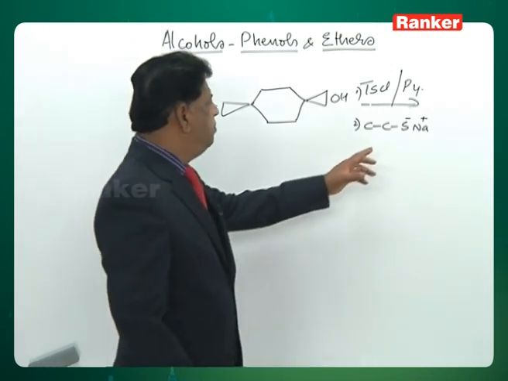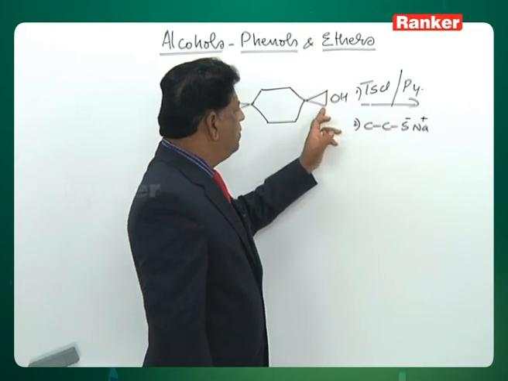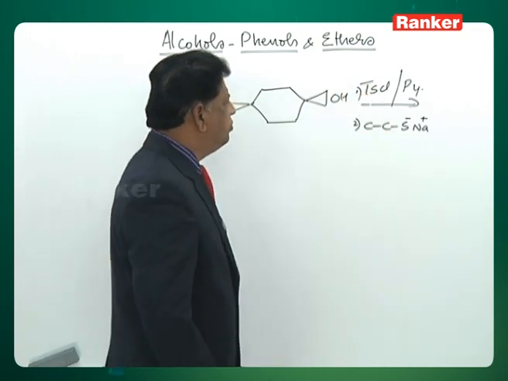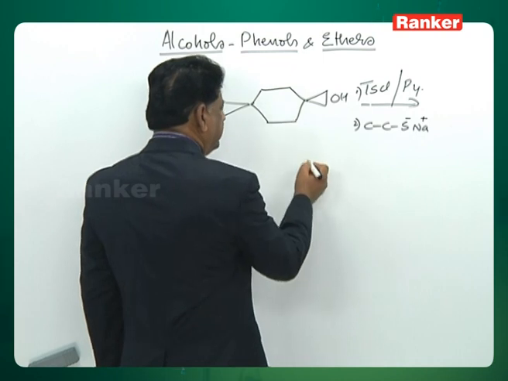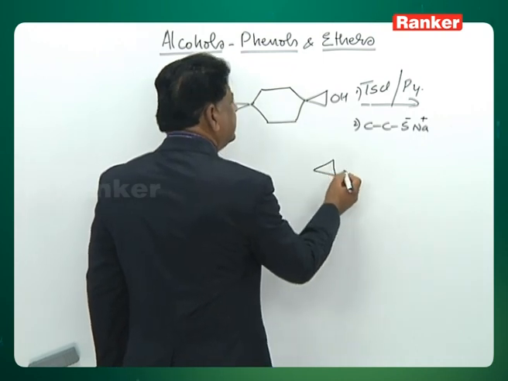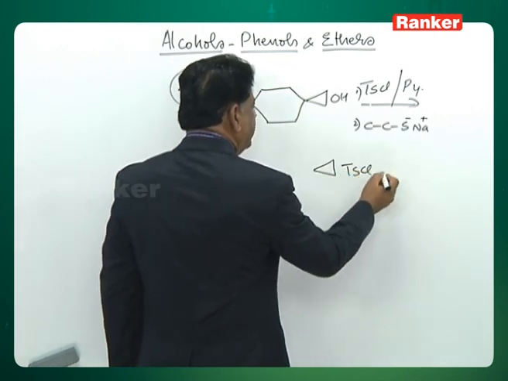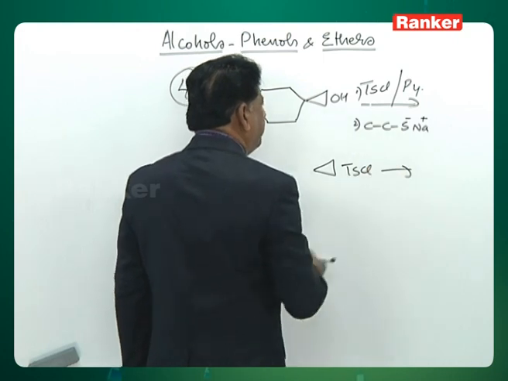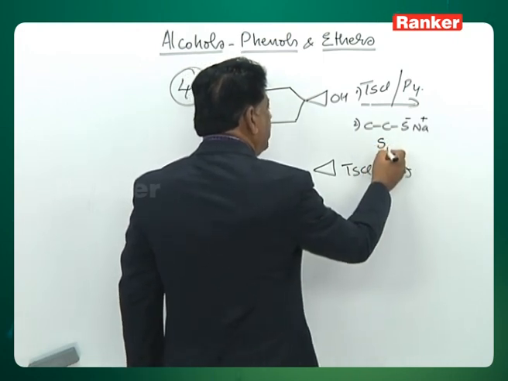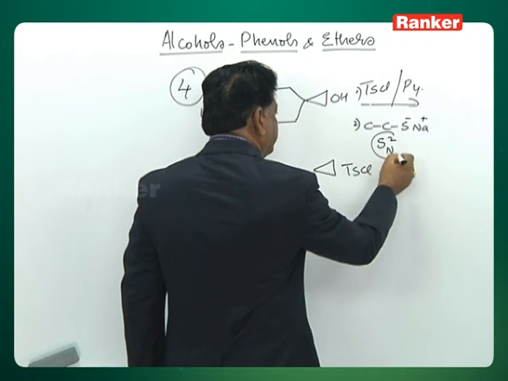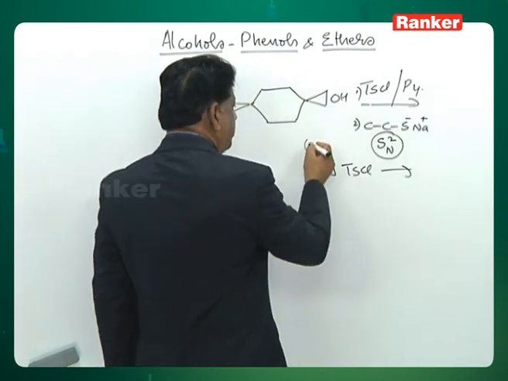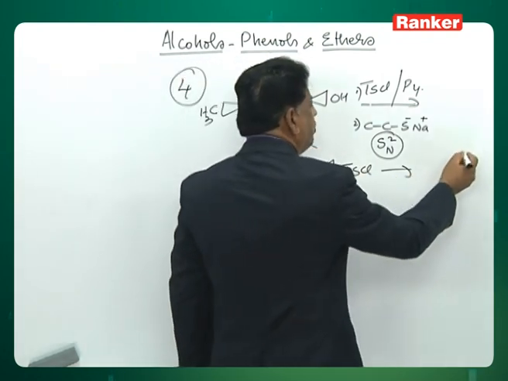This is going to replace the OH. Directly it cannot, but once this group becomes tosyl, so probably this reaction leads to TsCl, and then when it is substituted, the reaction passes through an SN2 type of mechanism. That means if a dextro compound is taken, you will get a levo compound.